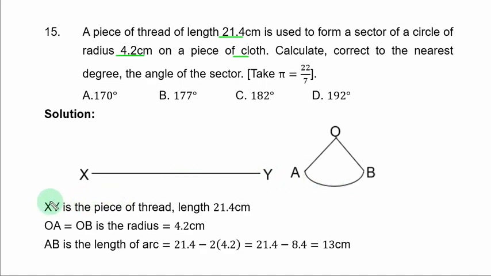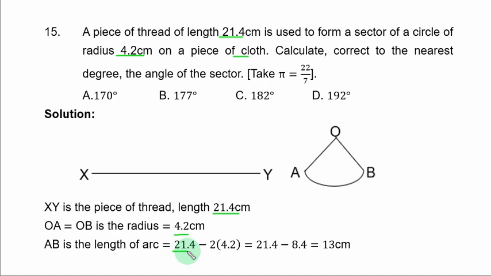Now XY is a piece of thread. The length is 21.4 cm. Now OA equal to OB is the radius. From the question, you have 4.2. So let's get the length of arc AB. The length of arc is the length of the thread minus the 2 radii.